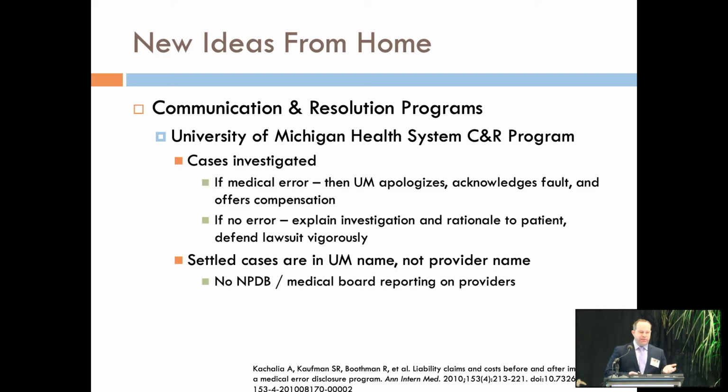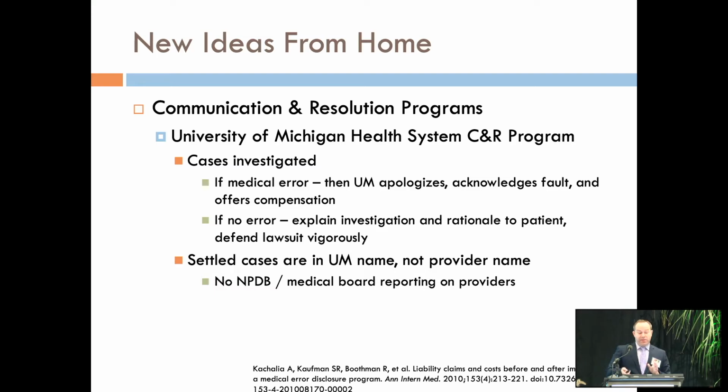They decided if there was a medical error, and if there was, then they apologized, acknowledged fault, and offered compensation, which was usually accepted. If there wasn't error, they told the potential plaintiff that there was no medical error and why. And then they would defend that lawsuit if it ever came up.